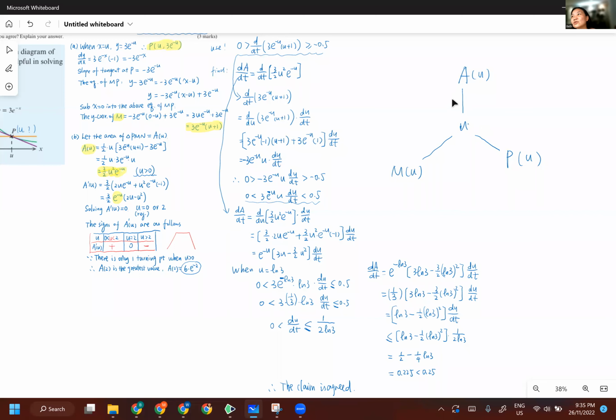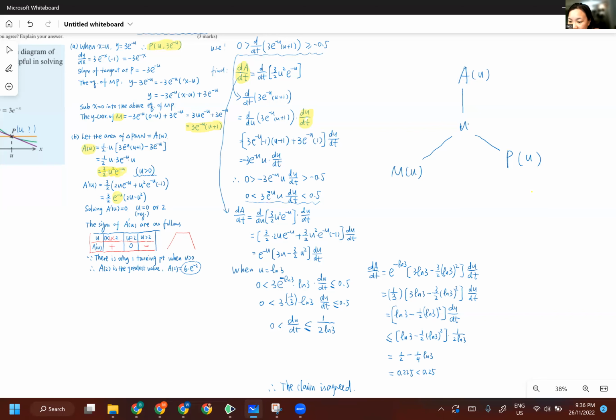There is one, but I don't have the ability to find the relation between M and P, or A and P, but I can find the relation between A and U, M and U, and P and U. And all of them are related. Let me illustrate. Because dA/dt is related to du/dt, you see?